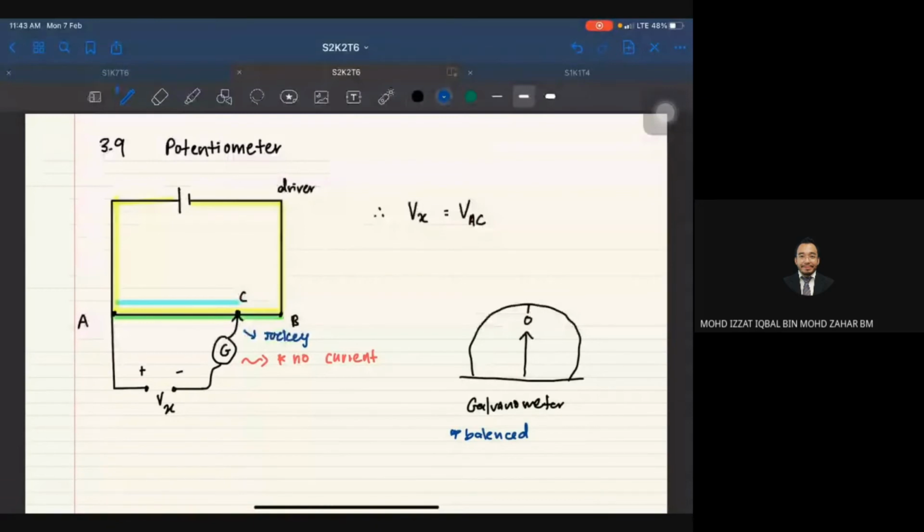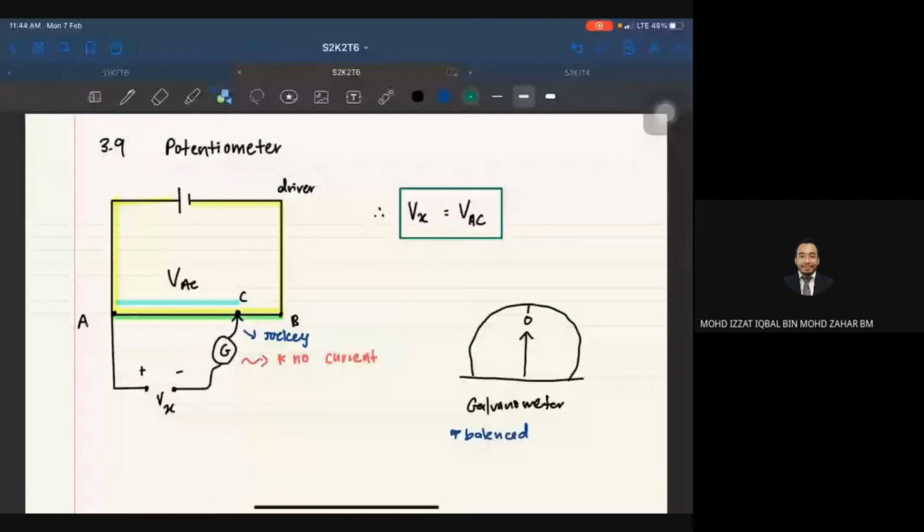So there's no current passing through the galvanometer even though the circuit is complete. Okay, the only reason is because the potential difference Vx ni is equal to potential difference across AC. Kalau ini potential difference dia sama, there will be no force to push the electron. That's why the galvanometer reading is equals to zero.